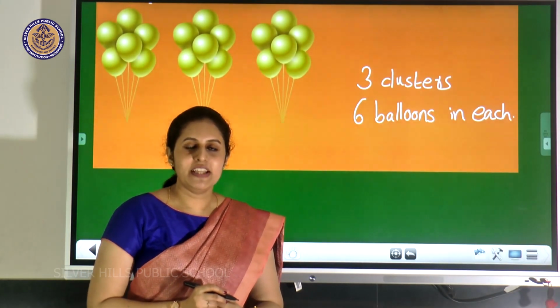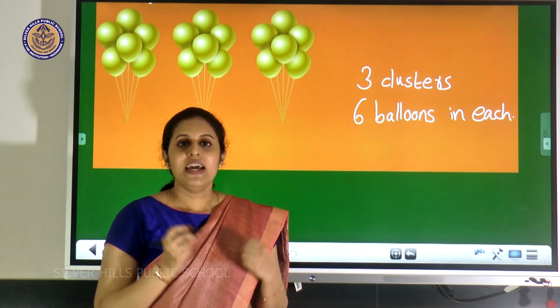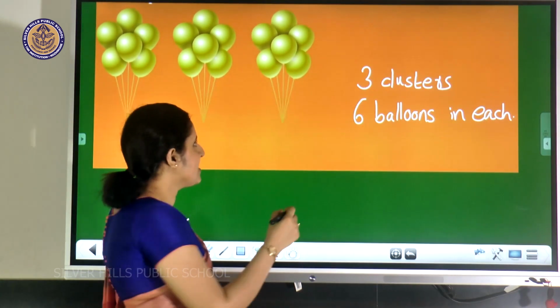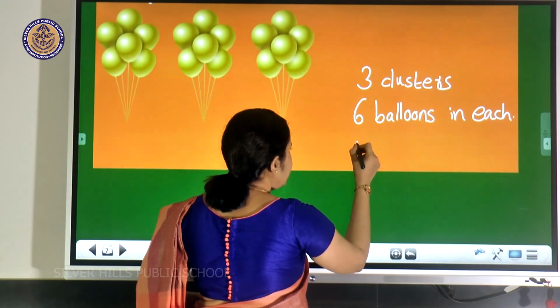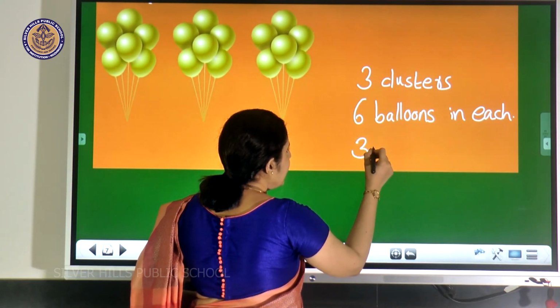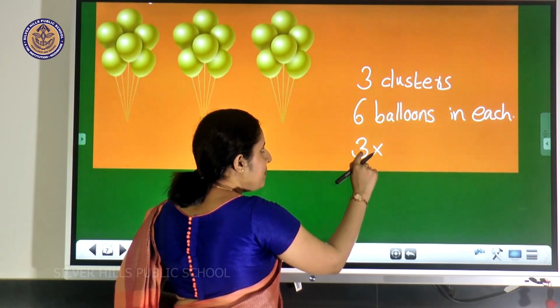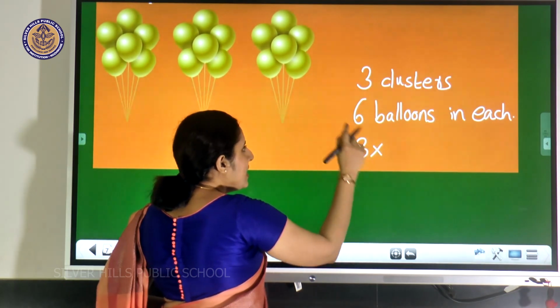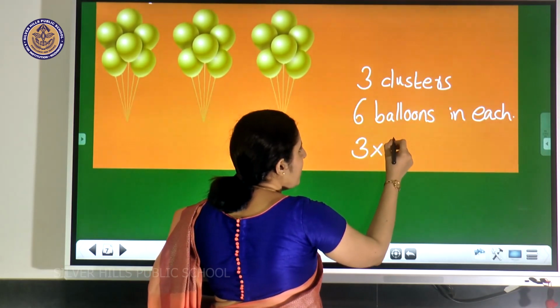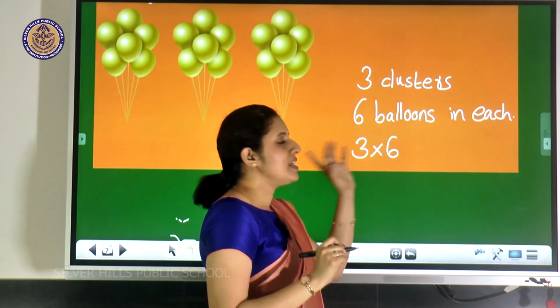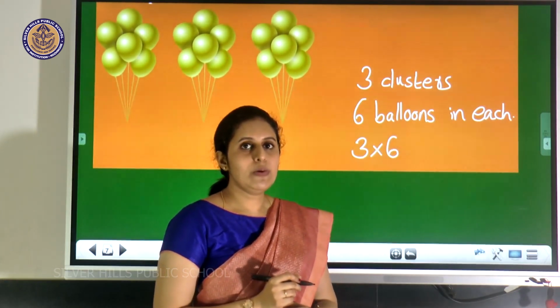Now, how do we find the total number of balloons? Yes, we need to write a multiplication sentence. How do you write it? 3 times. Why did we write 3 times? Because 3 clusters. Now, in each cluster, how many are there? 6 balloons. 3 times 6 will give you the total number of balloons.